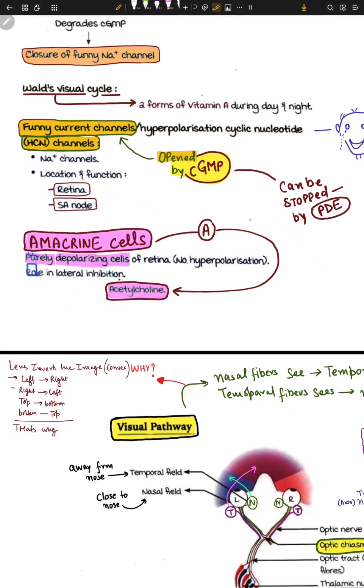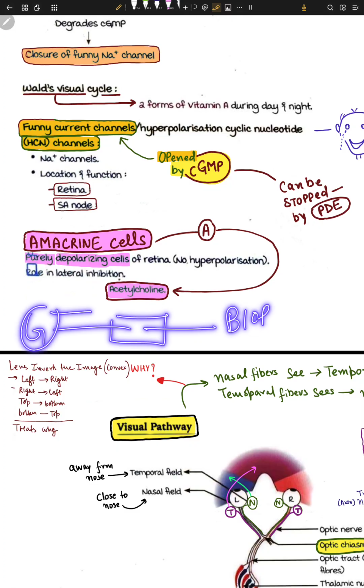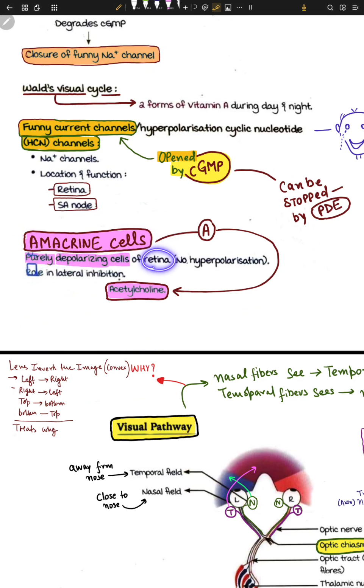Okay, what is amacrine? We know a means without, macrine means big axon. So the cells which have small axons that connect bipolar with ganglion, these are amacrine. They are purely depolarizing cells of the retina.